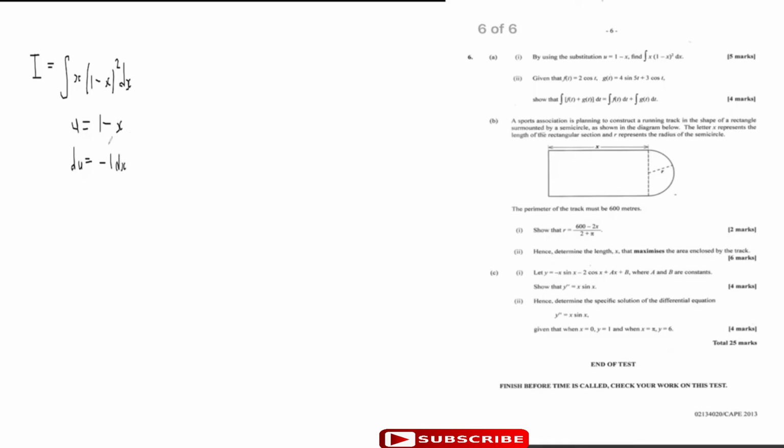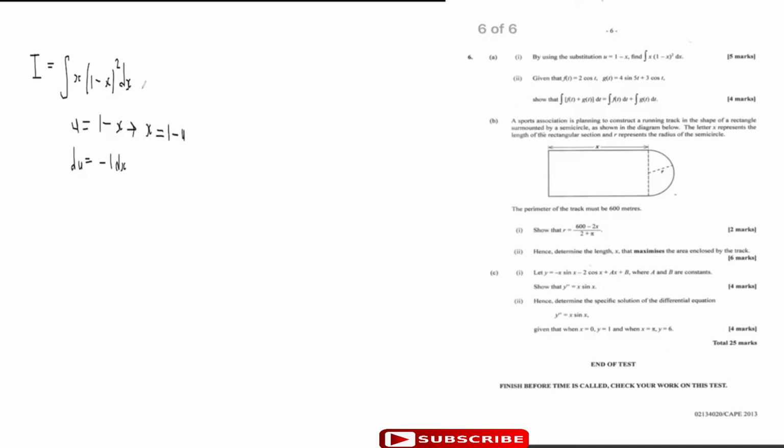And so if this is u and this is du, then this is telling us that x is actually 1 minus u.